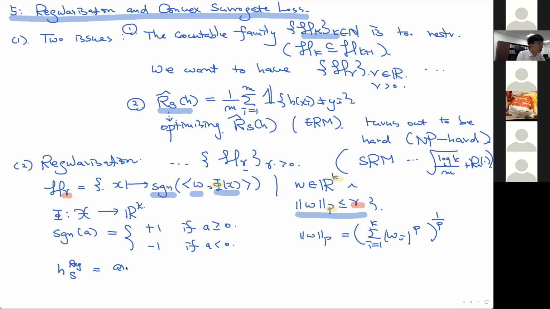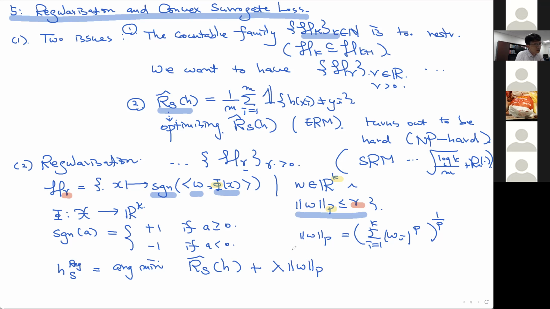We find the argmin, where we are minimizing the empirical risk of h, but at the same time we also minimize the norm of w.